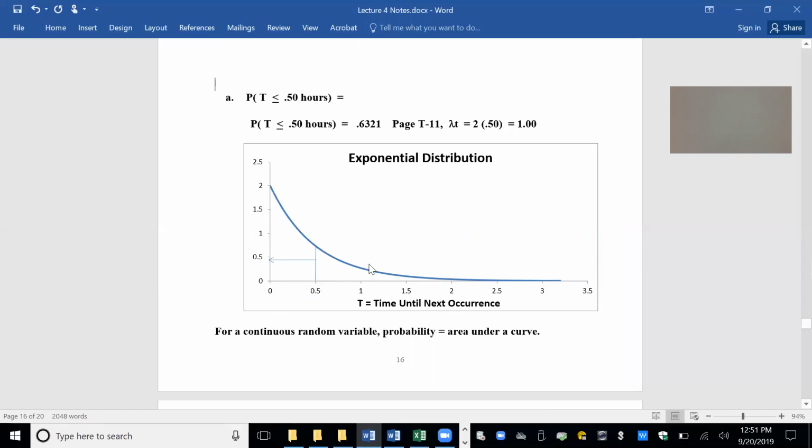Here's the curve for the exponential distribution. The probability of being half an hour or less is this area right here, and that's 0.6321. Total area under the whole curve is what? 1.